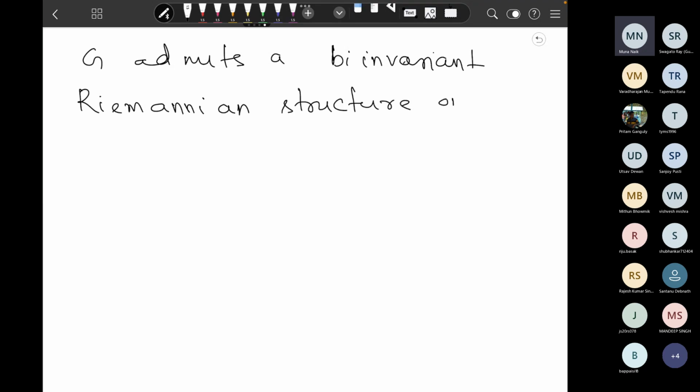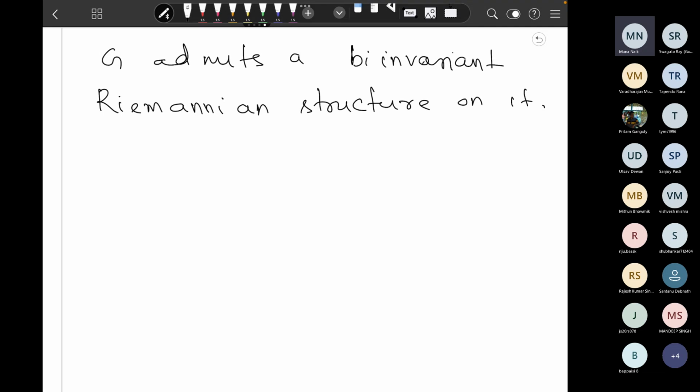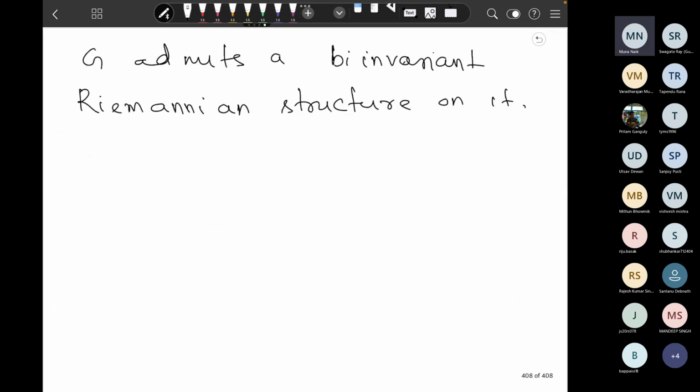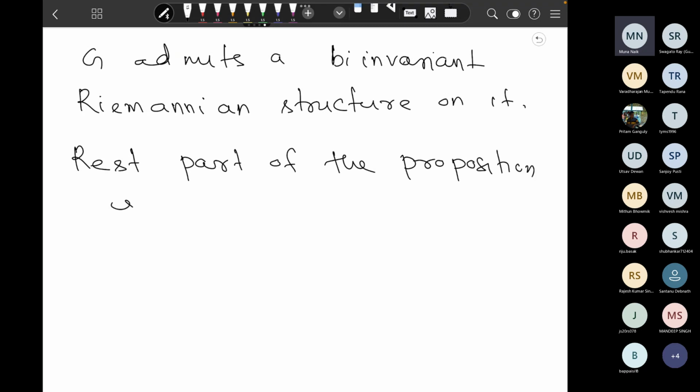Now if G is compact, then RG is compact. So the rest of the proposition is also clear.